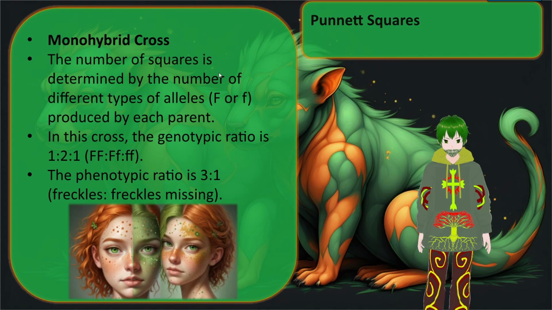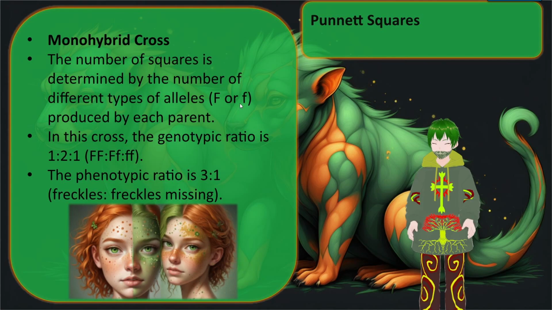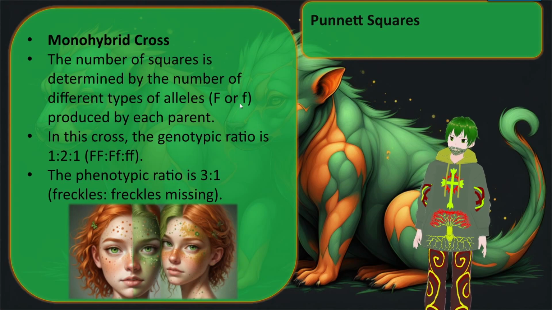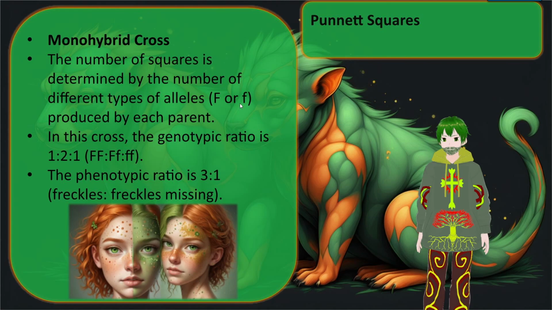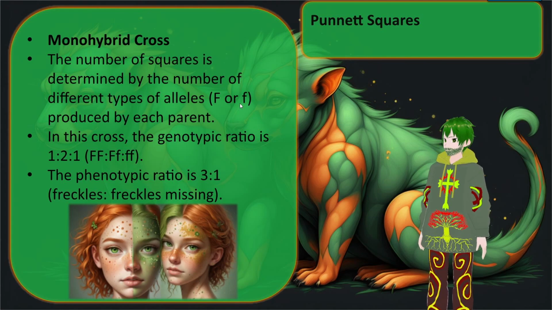So the number of squares in a Punnett square has to do with the number of alleles coming from the G1 parents. If we're looking at one trait, you have the law of segregation, which means that each parent can give one allele and they have two.